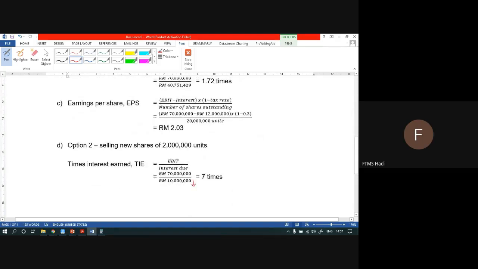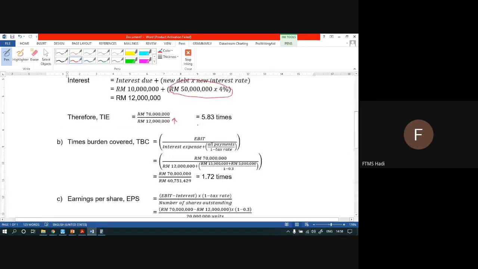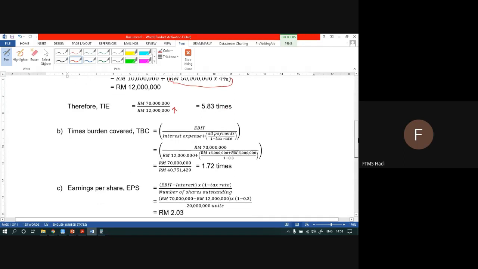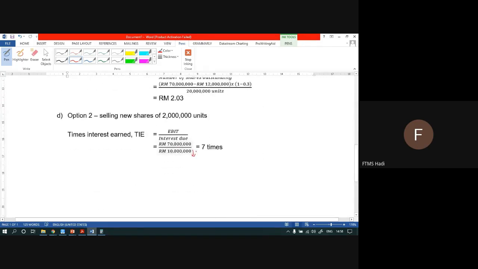So if they increase the interest due, that means the TIE will become lower. But if the company is reducing interest, therefore the TIE will be higher. So that is how it works.